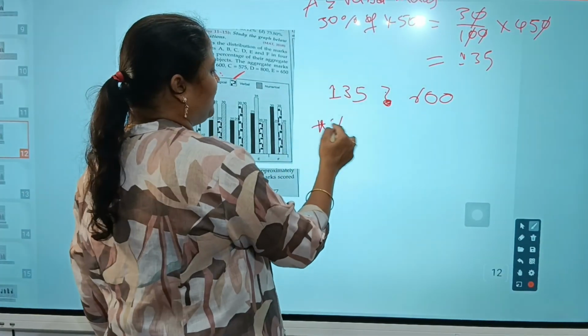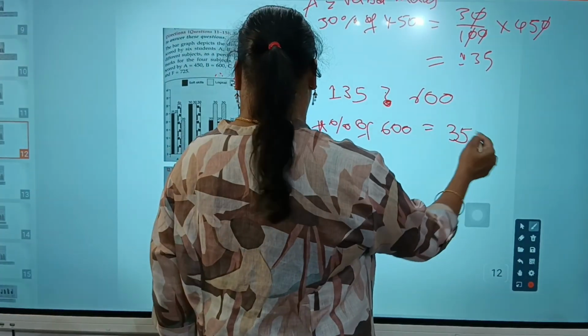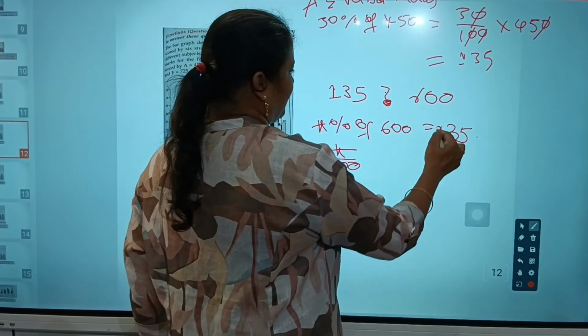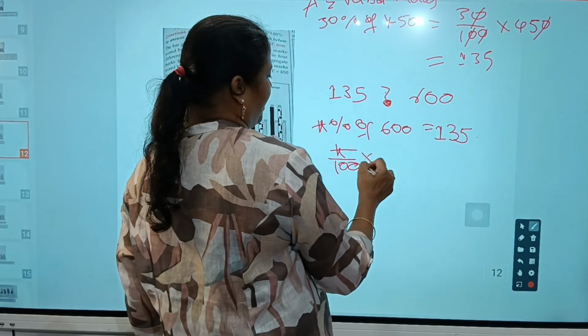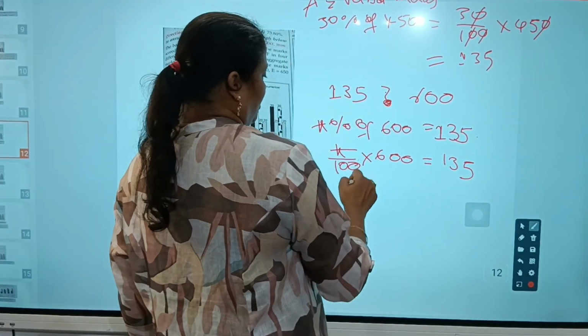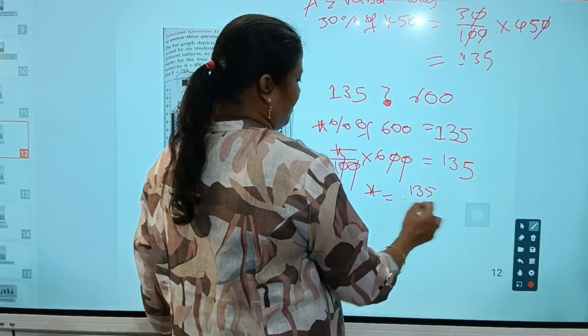So X percent of 600 is equal to 135. So X by 100 into 600 is equal to 135. So 0, 0 cancel here. X is equal to 135 by 6.